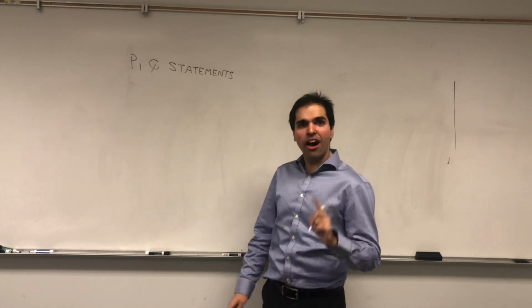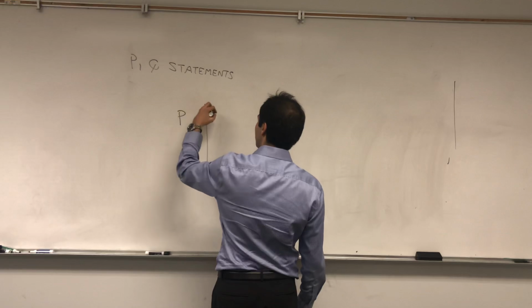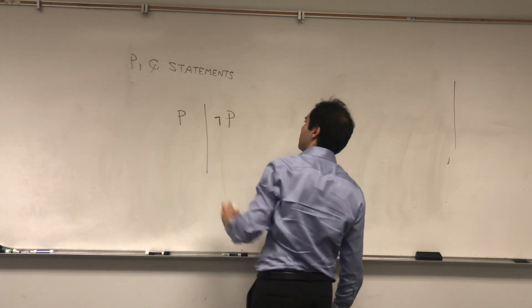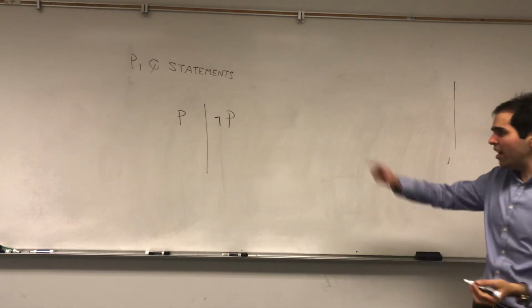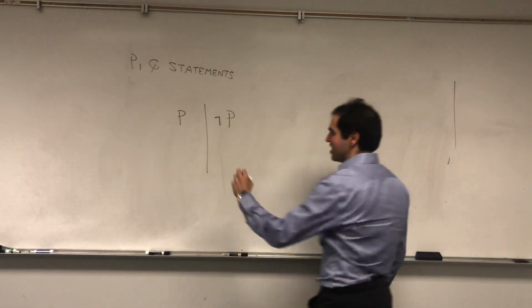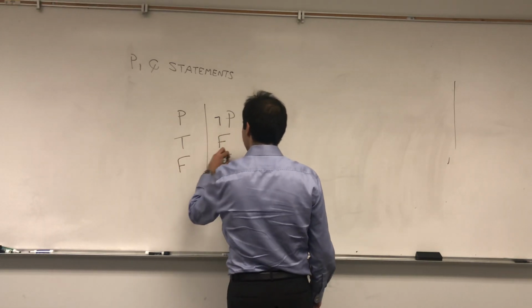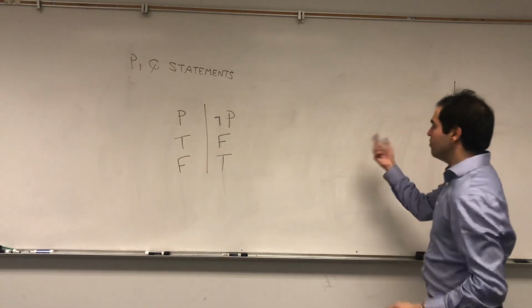Now we just have not P, which is a unary connective. So it just depends on one thing. Not P is called the negation. It says the opposite of whatever P says. So if P is true, not P is false. If P is false, not P is true.